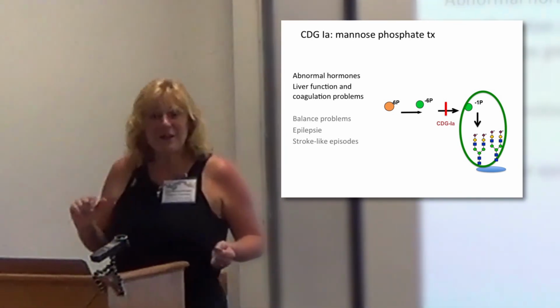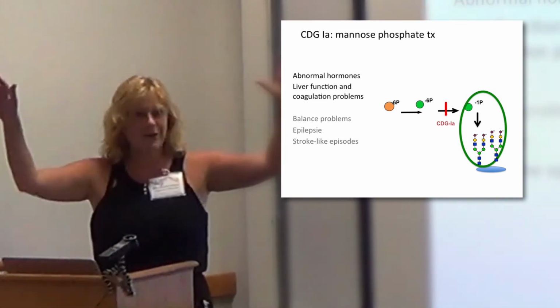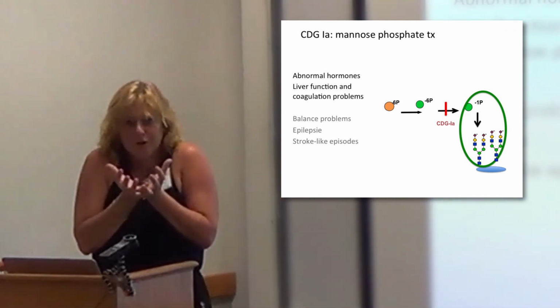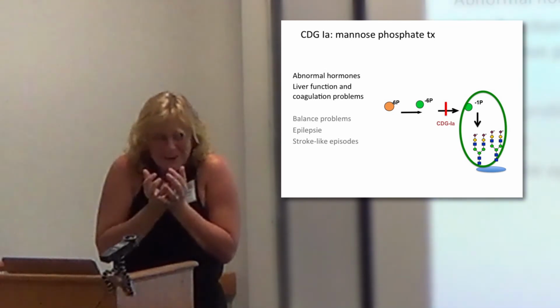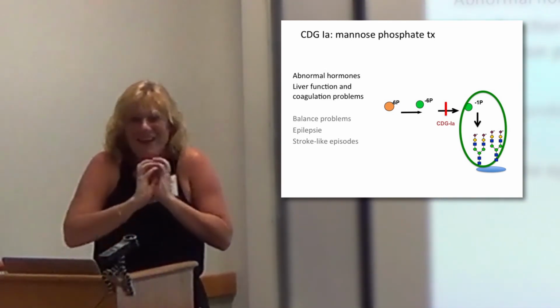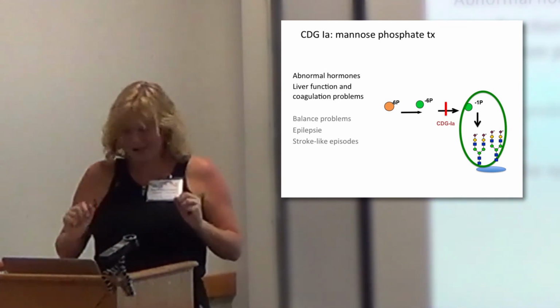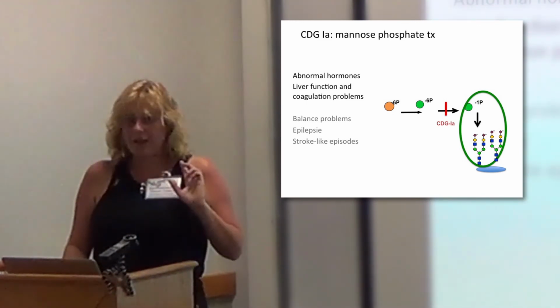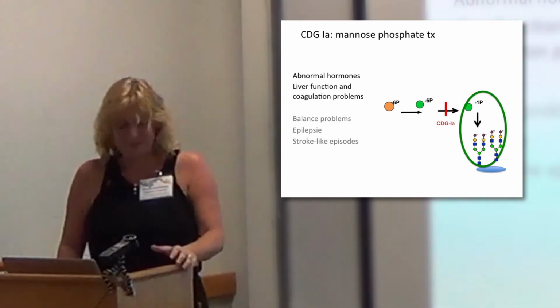It's only risky because that activated sugar, who knows where it goes. So you have to figure out a good idea how to put that activated sugar in a container and send it to the right place where the glycosylation works. So that would be one idea for treatment, and we'll talk about this pretty soon.